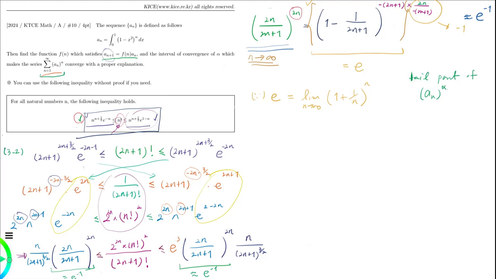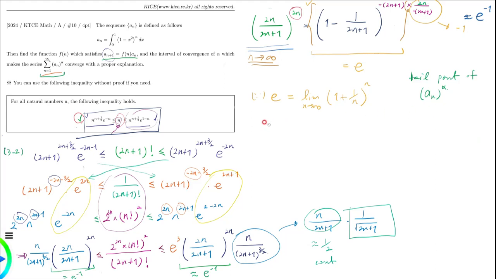And for the second term, I can separate it as n over 2n plus 1 times 1 over square root of 2n plus 1. So when n goes to infinity, the first factor acts like a constant, and the second factor is what remains to be controlled.